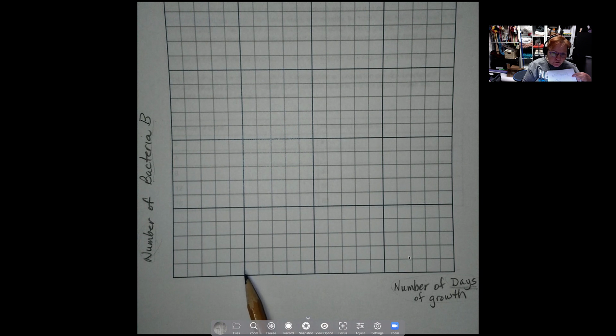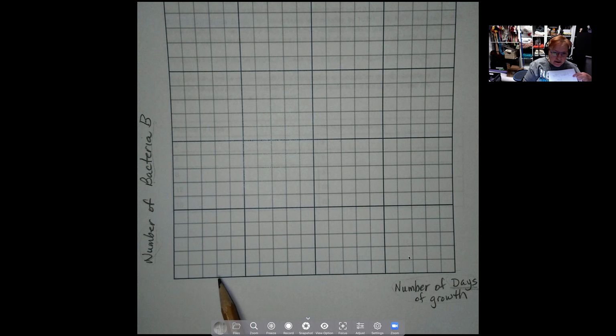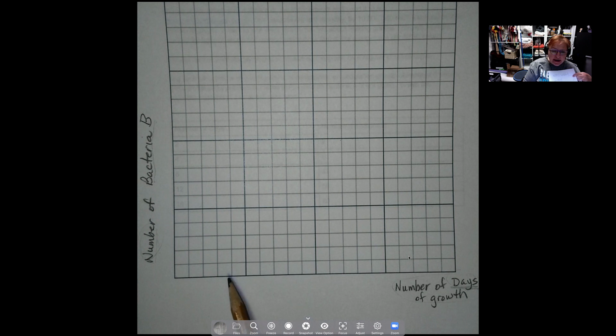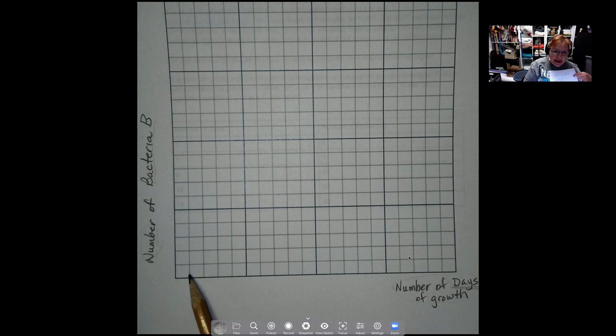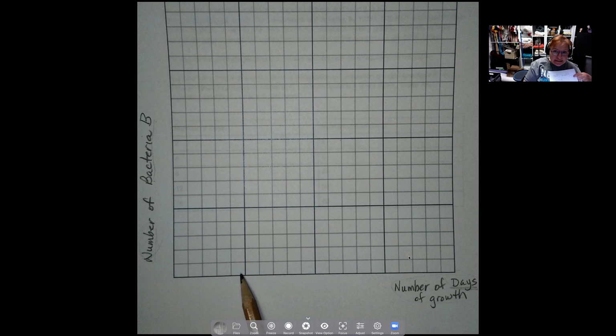I don't go, for example, let's start at 0, I don't go 0, 2, 4, 8, 22, right? I'm not counting consistently there. These gaps, what I call the grid lines, need to be numbered consistently.